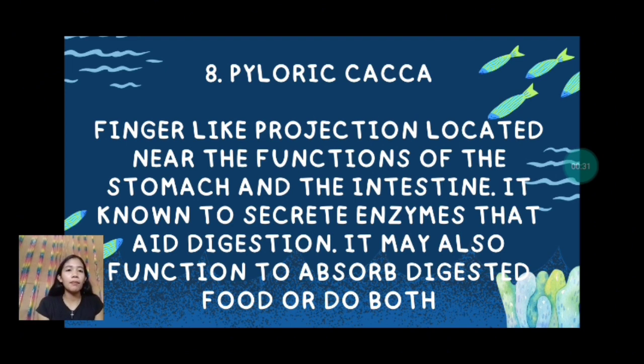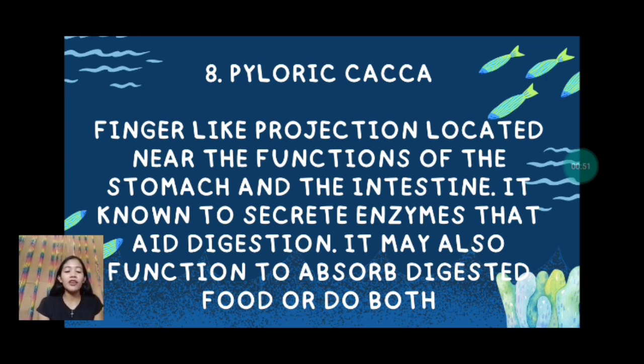Next, we have the pyloric ceca. These are finger-like projections located near the junction of the stomach and the intestine. They are known to secrete enzymes that aid digestion. They may also function to absorb digested food, or do both.